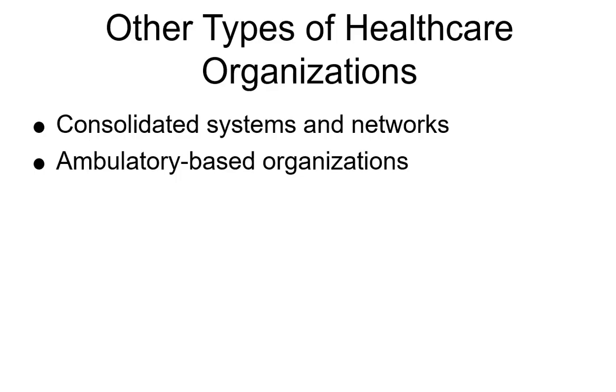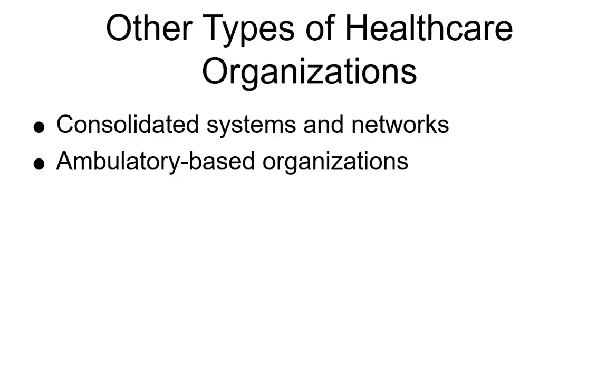Other types of healthcare organizations, these are home healthcare organizations that try to keep people at home. Long-term care facilities where there is no skilled care given there. They are literally a place for people to be. Not that there can't be anything there, such as an IV or whatever. For the most part, we think of long-term care facilities as not skilled care.